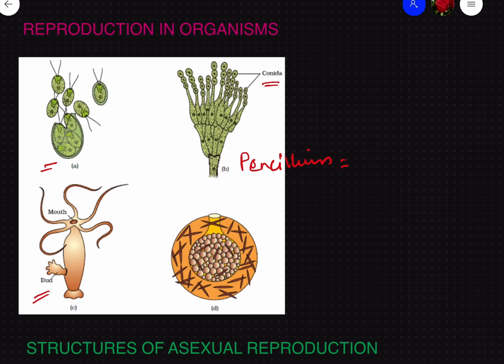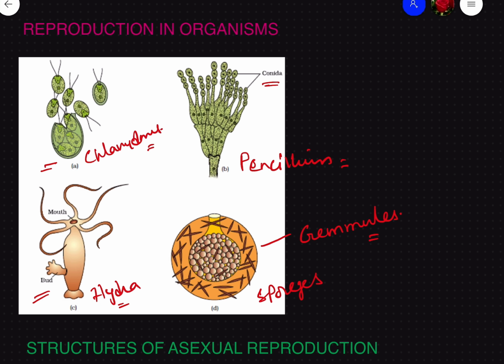In Hydra, the asexual mode of reproduction is by budding, whereas in freshwater sponges, it is by the formation of special structures called gemmules, which contain an inner mass of cells that can again develop into a new sponge with the onset of favorable conditions.